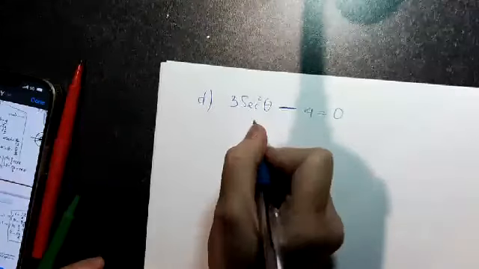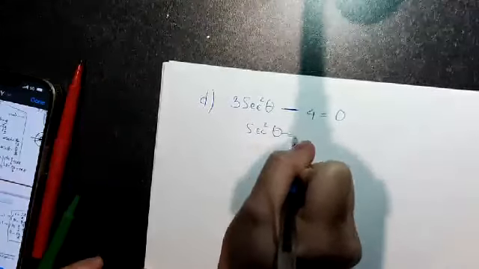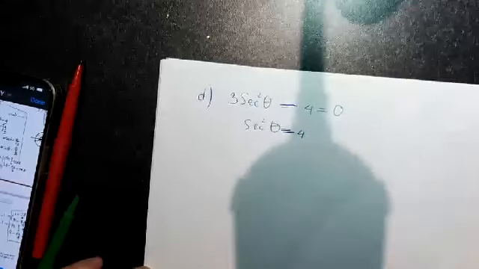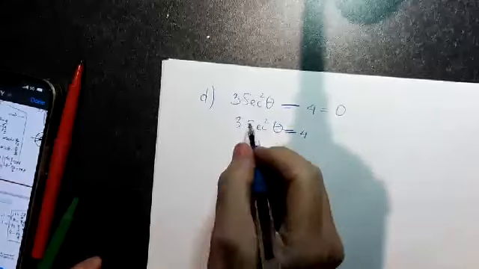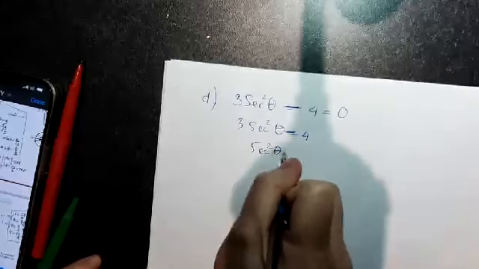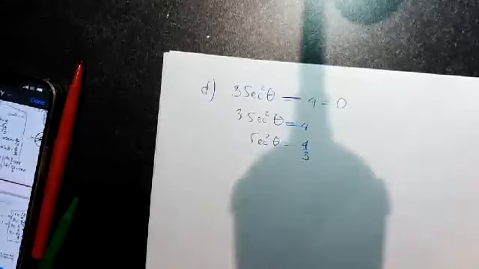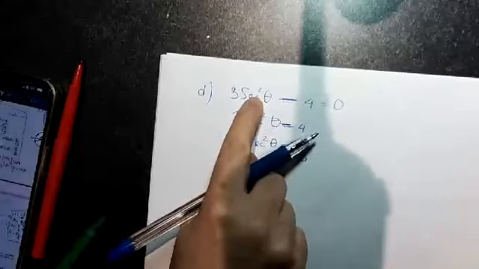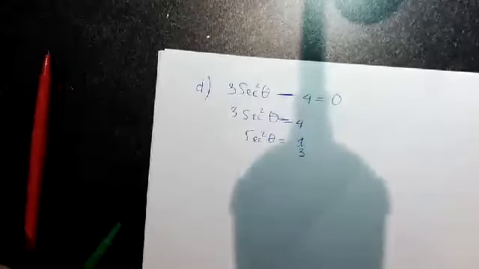So what you need to do is add 4, then divide by 3. So secant squared theta equals 4 over 3.